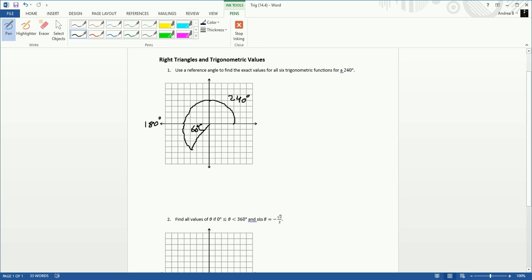The reason we want that is because then we can use the table that we had on page 766 in the PDF file, or that you could also find on MyMathLab if you have access to that. So we have table 3, and it's page 766.